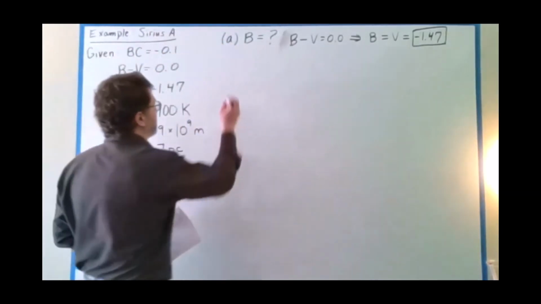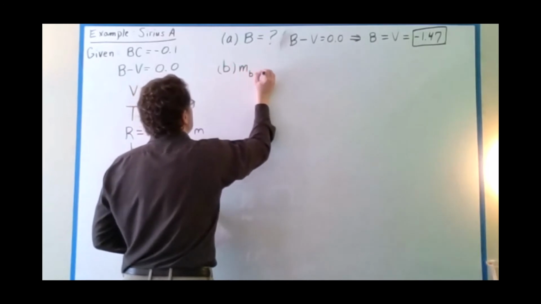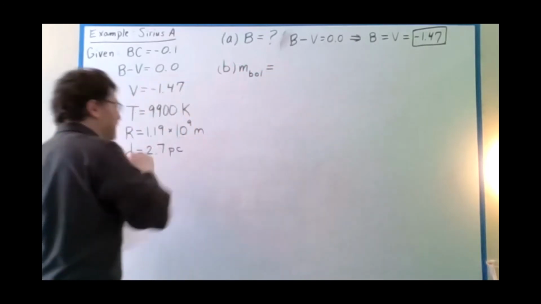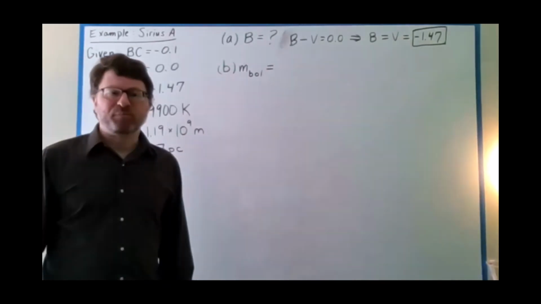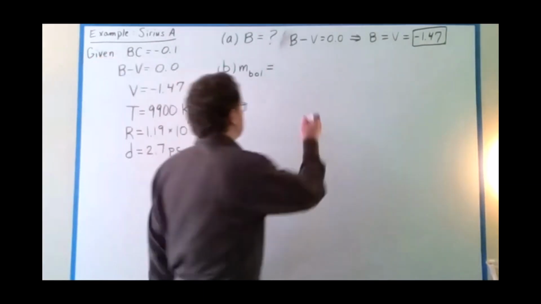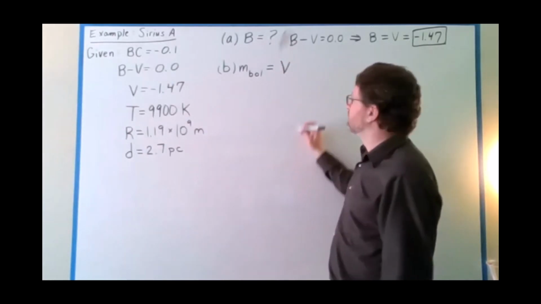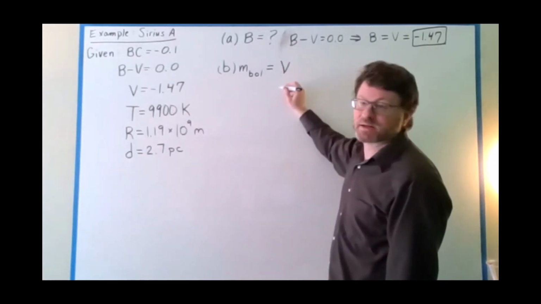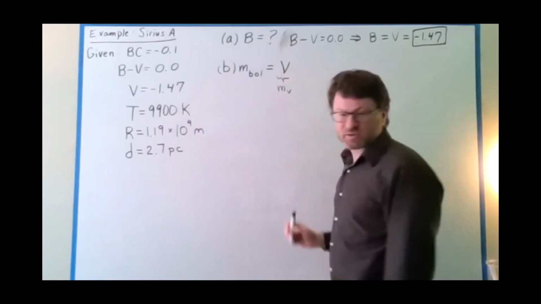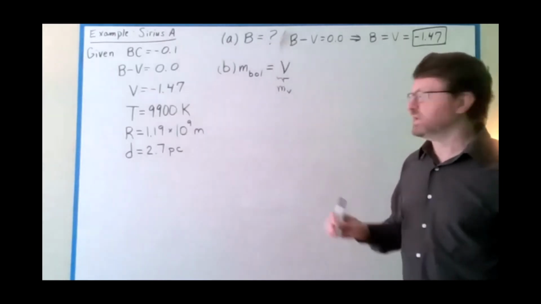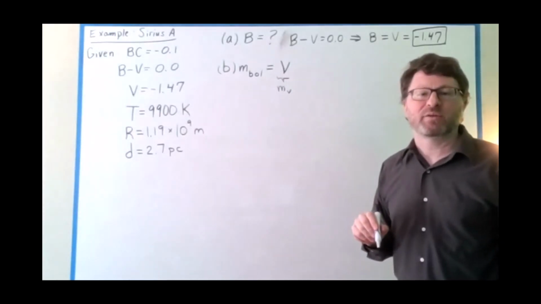You'll be able to do similar kinds of things on your homework as well. Now, in part B, we're asked for the apparent bolometric magnitude, lowercase m sub bol. And remember, the whole purpose of bolometric corrections is that you can take what you measured in the V filter, so there's the apparent magnitude in V. As a reminder, that's the same thing as lowercase m sub V, but it's the more common way of writing it because you only have to write one letter rather than two.